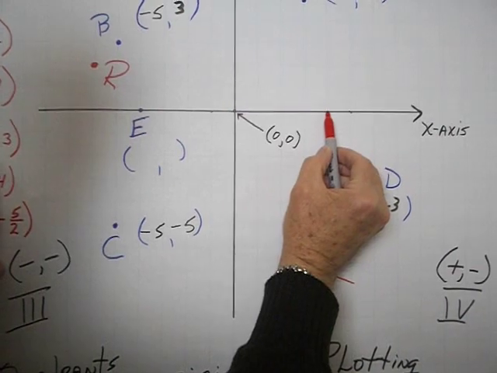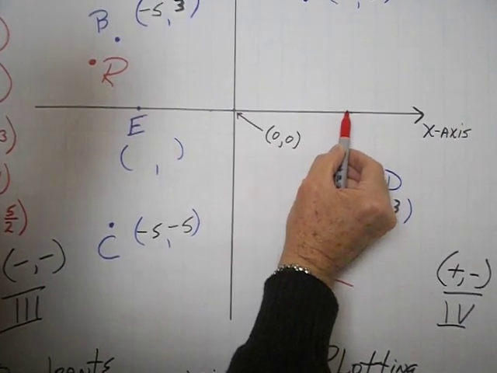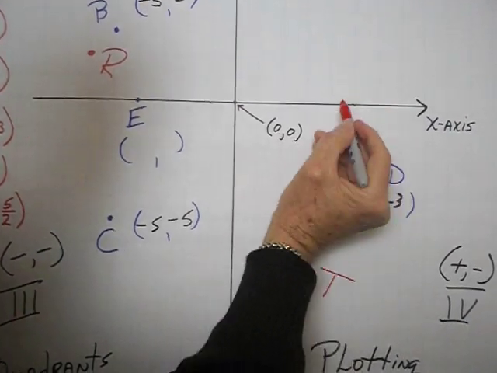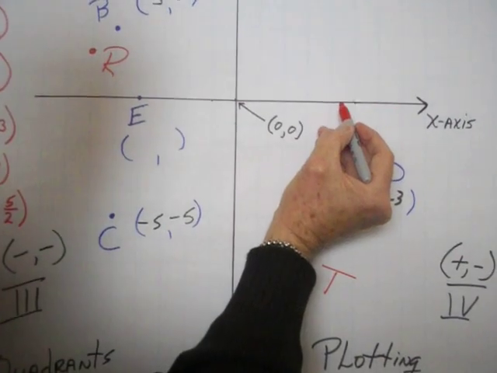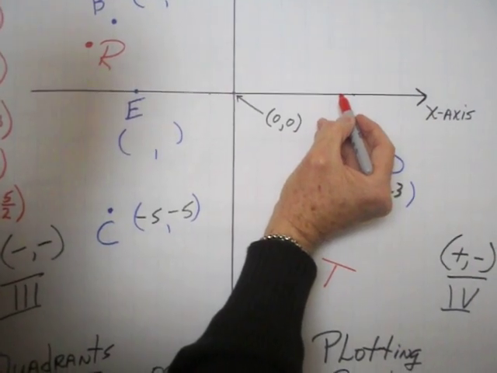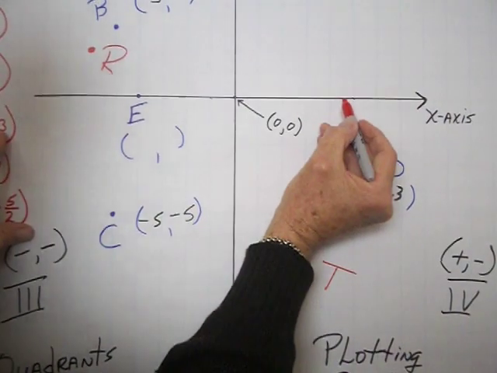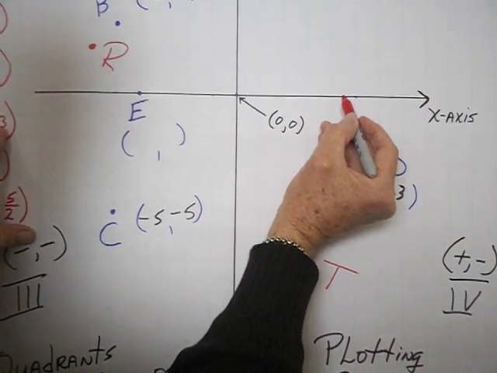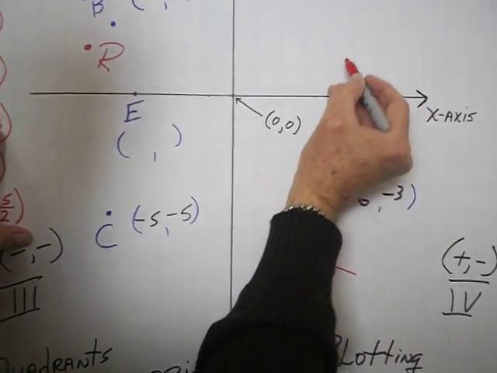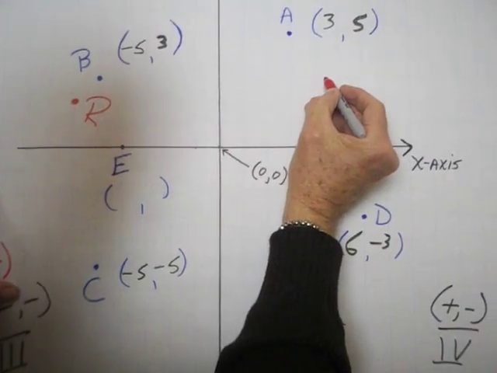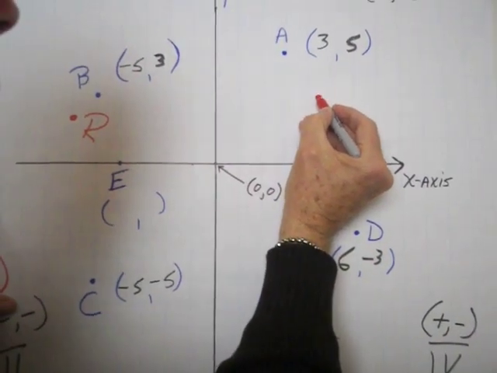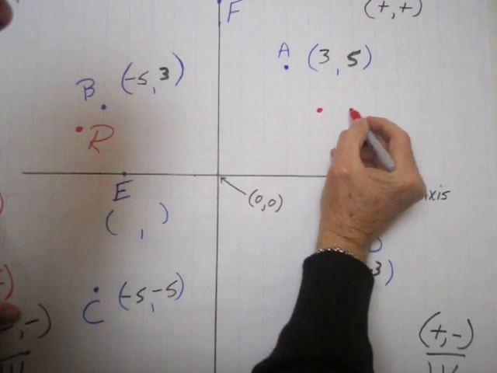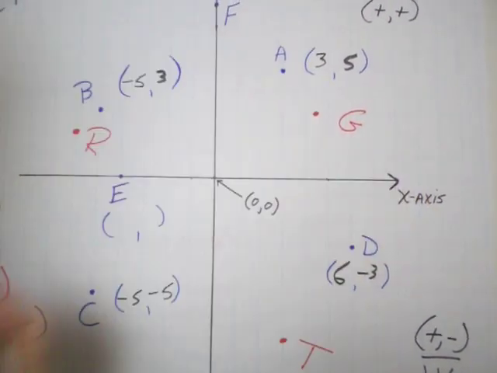And then in between 4 and 5, you go halfway in between. Right where I'm holding that red pen is at 4.5 roughly. The y value is 3. Positive. Go up. 1, 2, and smack dab right about there. We'll just go ahead and call it point G.